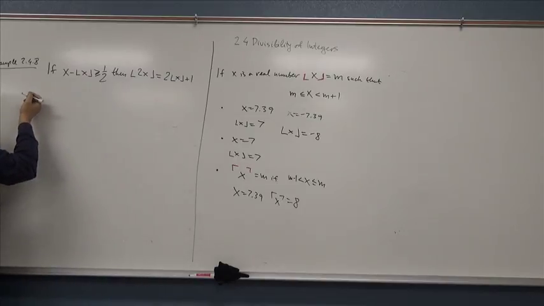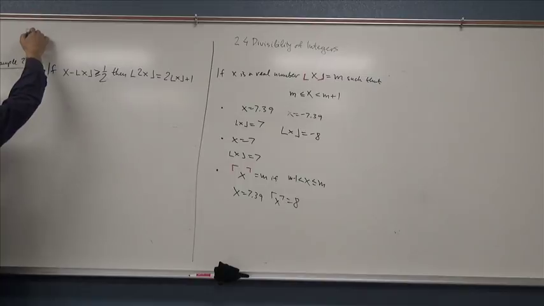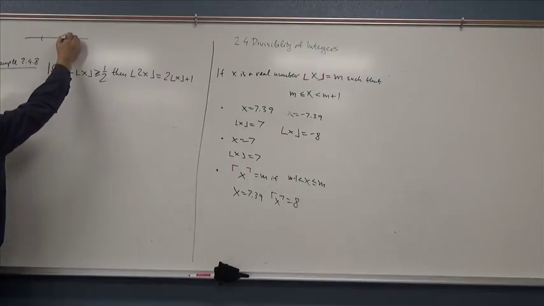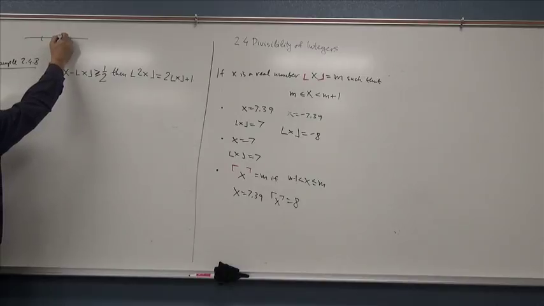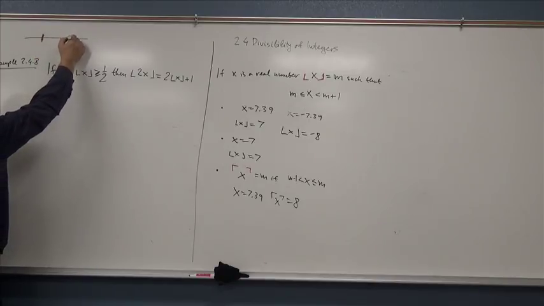So I'll say the following, let me tell you basically what this statement says. This is not a proof, but just an illustration. If a number is somewhere here, so here's your integer part, here's your round down, here's your round up.